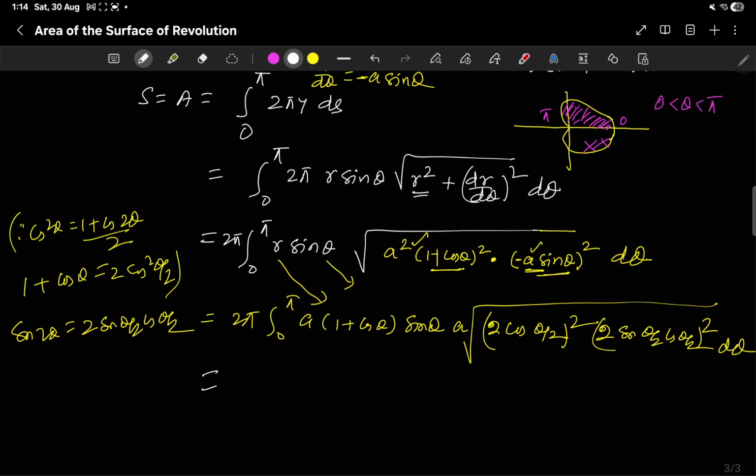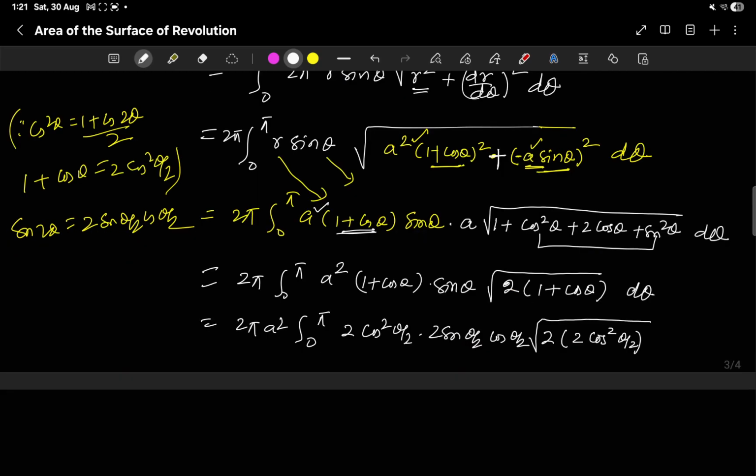If you simplify it, it is 2 pi, integral 0 to 2 pi. Again here 1 plus cos theta is 2 cos squared theta by 2, and a squared taken out, and 4 will be taken out. Here sin theta will be again 2 sin theta by 2 cos theta by 2.